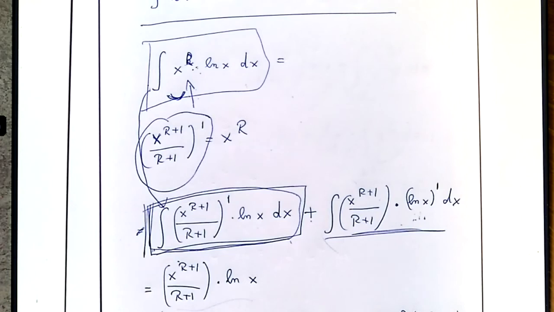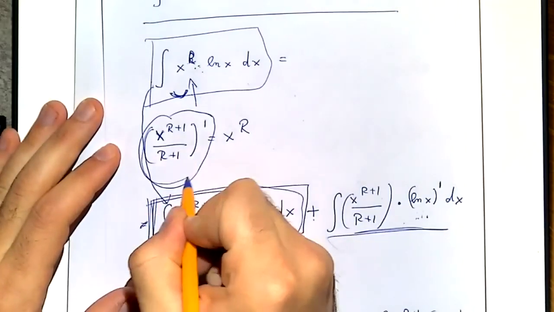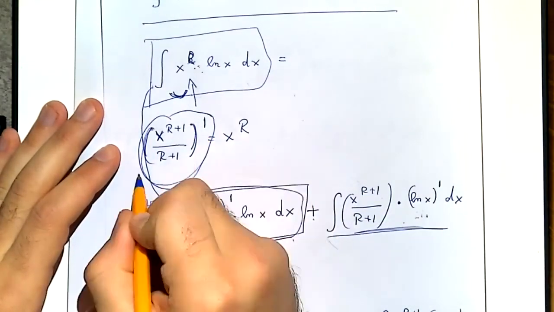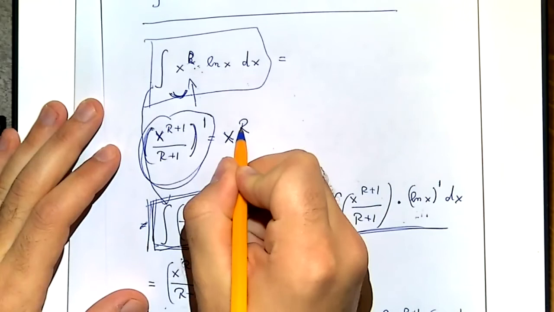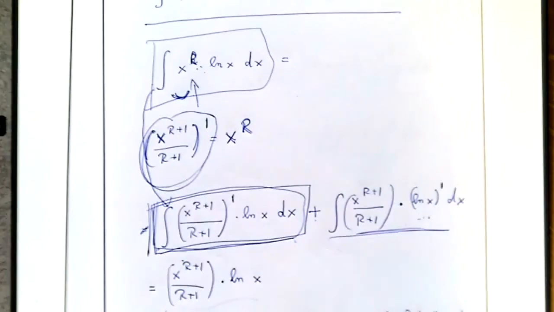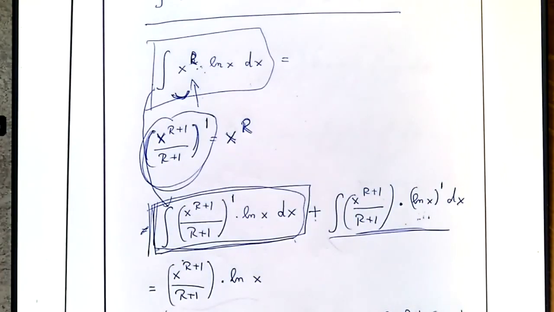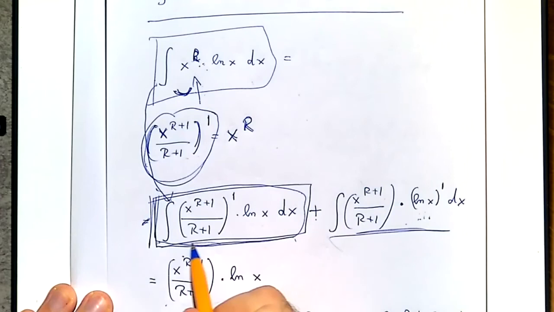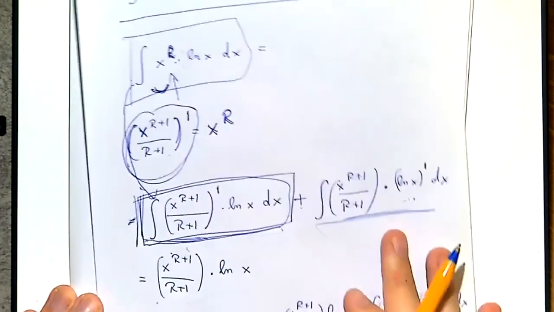I notice that if I take the derivative of x^(r+1) over r+1, I get x^r. So I take this derivative and I replace it inside my function instead of x^r.